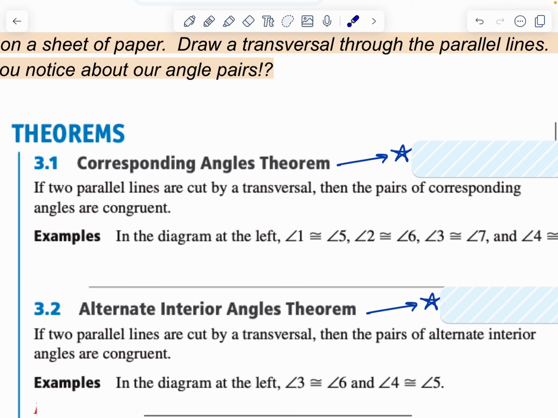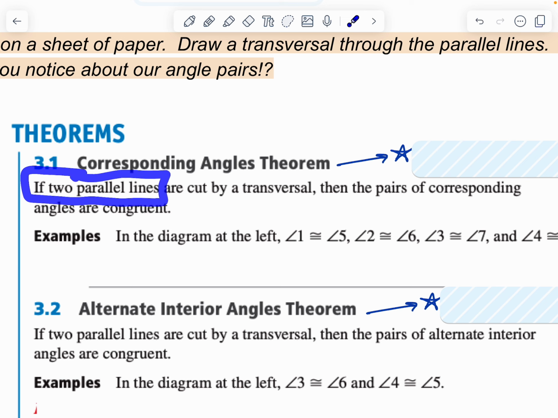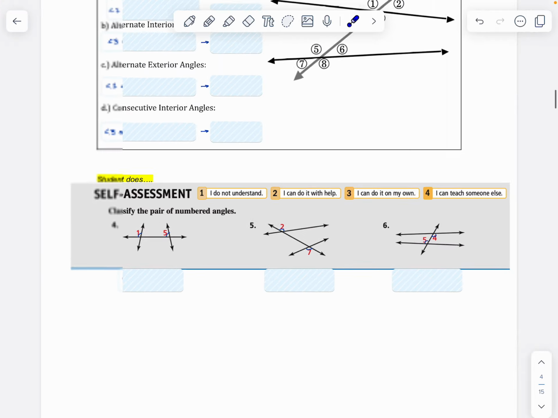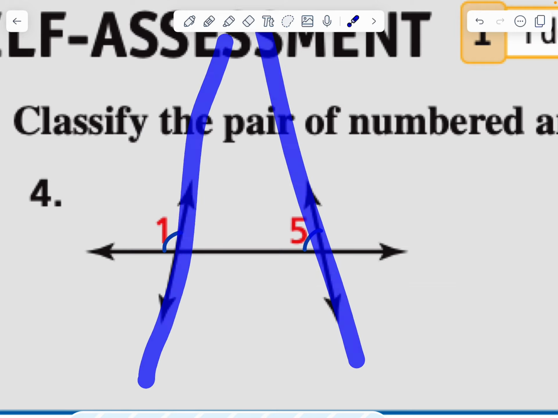Corresponding angles. If 2 parallel lines are cut by a transversal, then the pairs of corresponding angles are congruent. And this is only true for parallel lines. So if I have a problem like I did over here, where these were corresponding angles, these don't necessarily have to be congruent because these lines are not parallel.